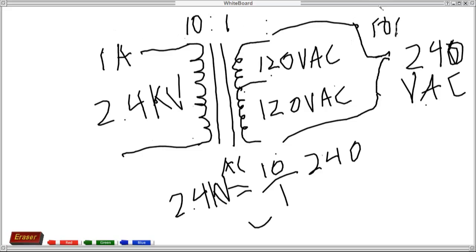Okay, you get 10 amperes of current. Since it's a center tap, that quantity would be divided in half, because you would get 10 amperes from 240 volts AC, but individually from here, you would get 5 amperes from each of the endings to the center tap.